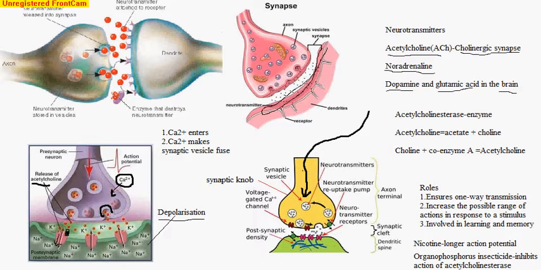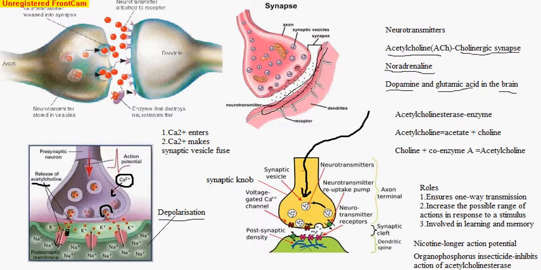Okay, so again, to summarize this part, it might be a bit confusing. The action potential reaches this region here. Calcium ions are diffused in. Calcium ions cause the synaptic vesicles to stick to the membrane here.